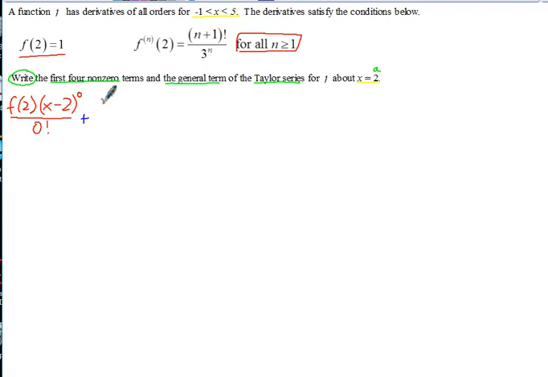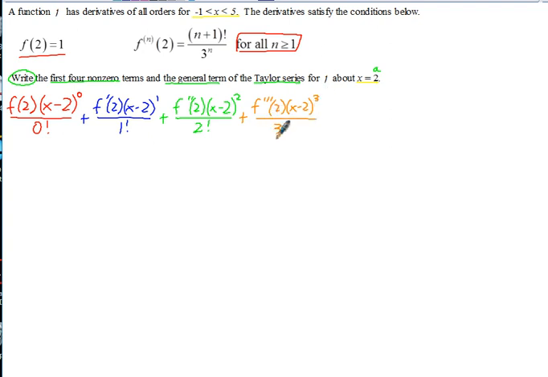Plus, now we'd have the first derivative at 2, x minus 2 to the first over 1 factorial, and then plus the second derivative at 2, x minus 2 squared over 2 factorial. And then plus the third derivative at 2, x minus 2 cubed over 3 factorial.